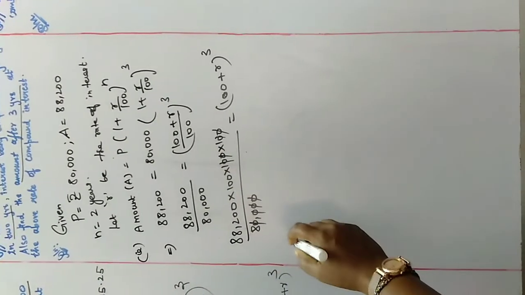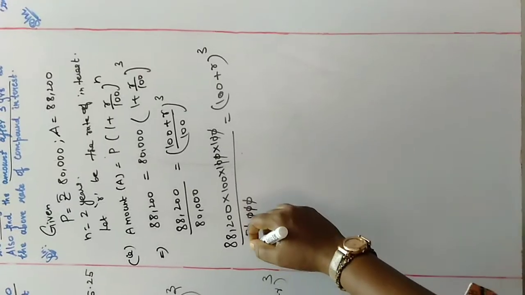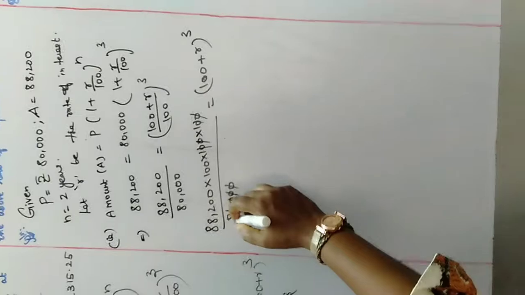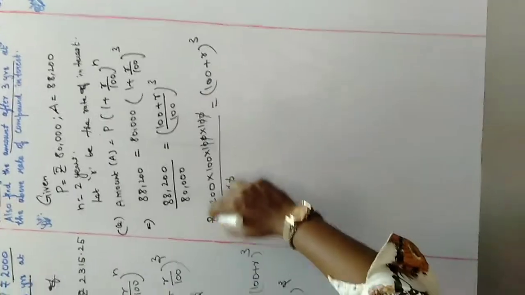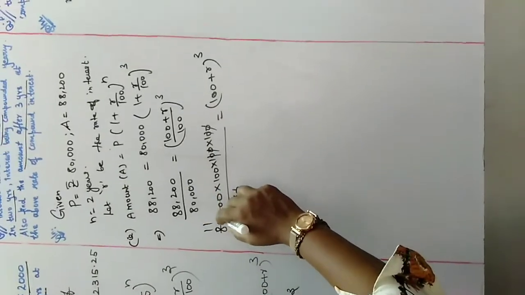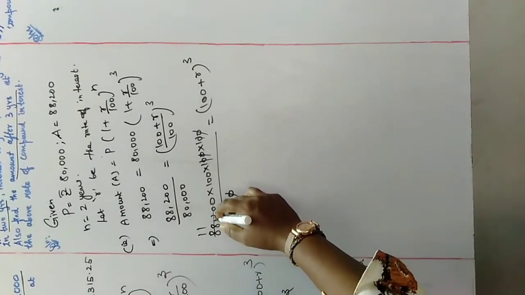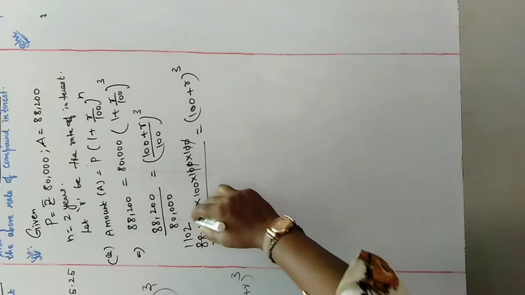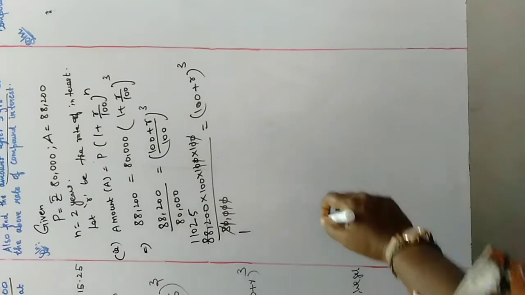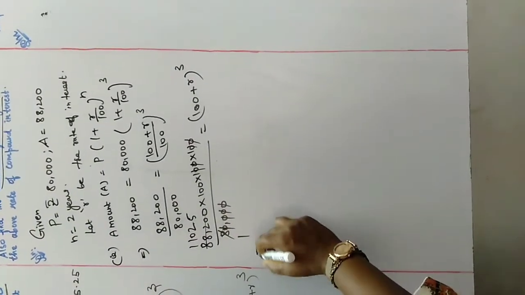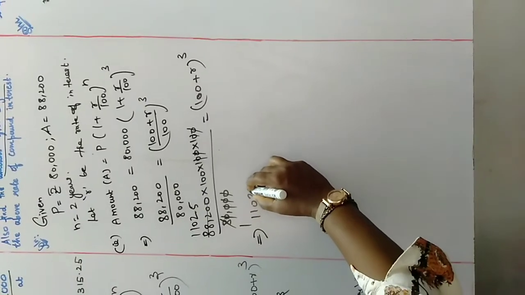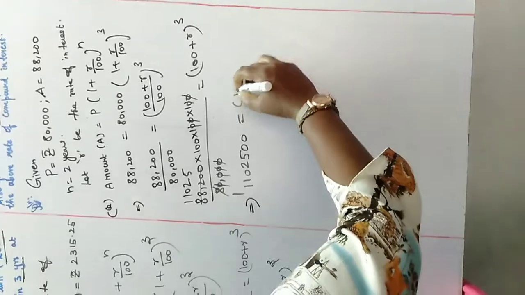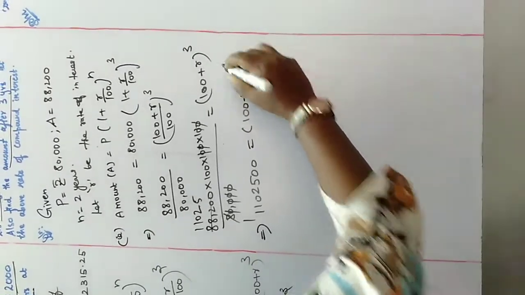Then by 8 table we can cancel this one time, and here this 2 cannot be done, so 20, so put 0 to 1645, which equals 102500, which is equal to (100 plus R) the whole power 3.